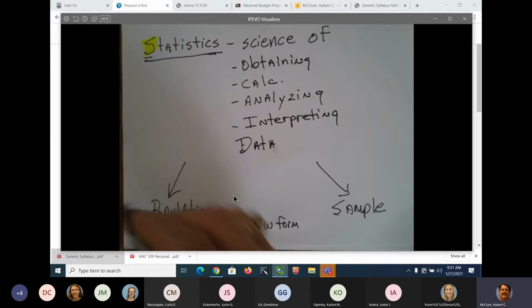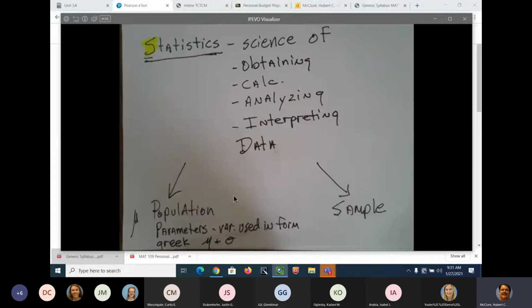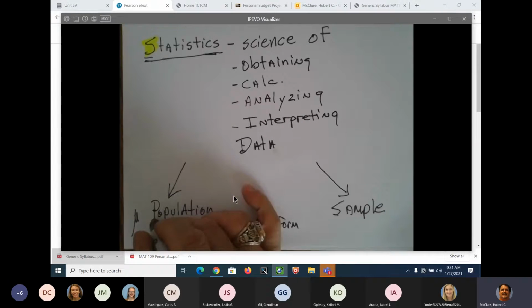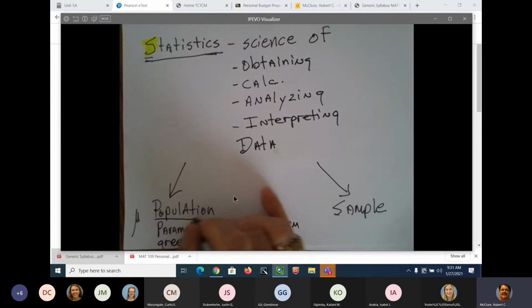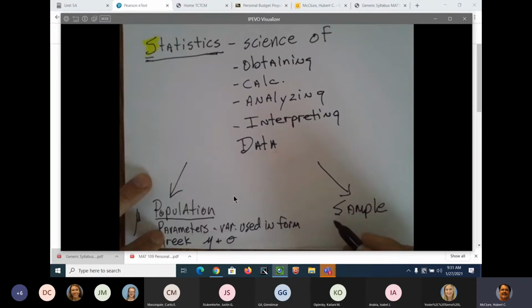Sigma looks like a 0 or an O with a pompadour on top. So when you see a Greek letter from here on out, you know it deals with the population, which is the larger of the two. Sample uses lowercase statistics.